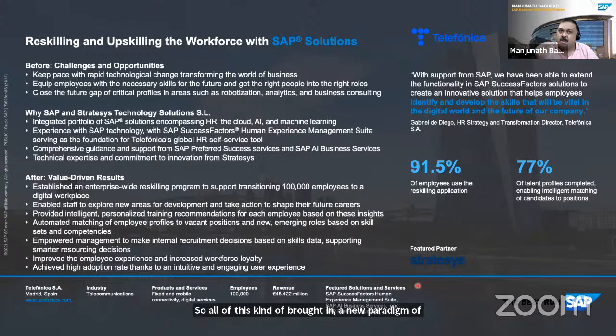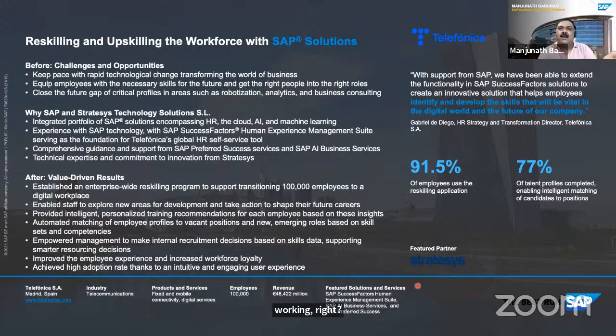A similar situation was also faced by Telefonica, where they saw that a different kind of skills would be required within their workforce to reskill themselves and adapt to this new mode of online and offline working, right? Now, how could they come up with this reskilling platform?